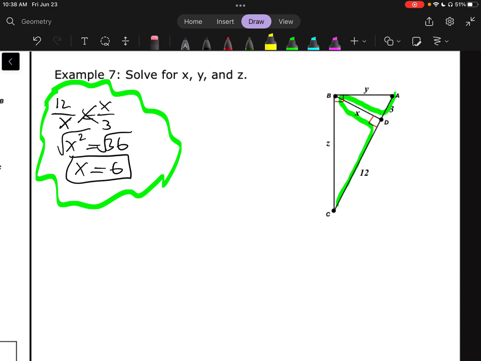So y is on one of the legs, so I need to do the leg theorem. So I start with the piece of the hypotenuse that's close to that. I go down the leg, and then I loop back around. So for that, that would be 3 over y equals y over this whole thing here is 15.